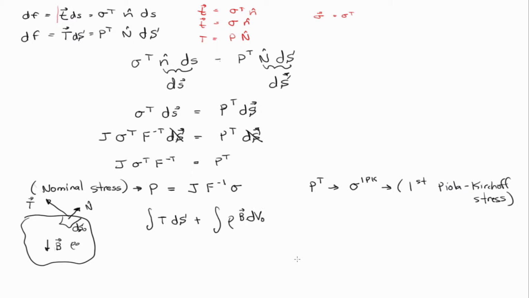Now we're just doing the same things. We have the surface forces integrated over the surface of the reference configuration, and the body forces integrated over the volume of the reference configuration.